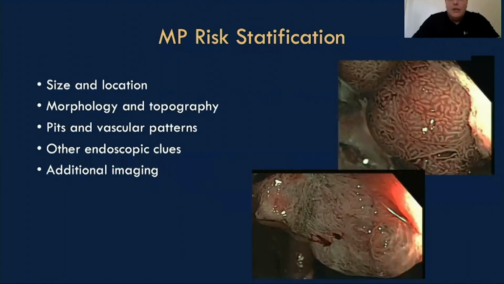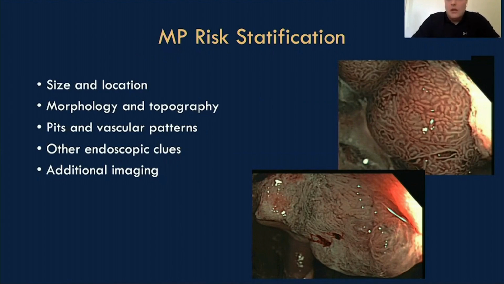Now we can talk about risk stratification of a malignant polyp during endoscopy. In the last few decades, there's been substantial evidence and technological advancements regarding optical imaging and optical biopsy, if you would, with magnification or not, which enable us to classify polyps.